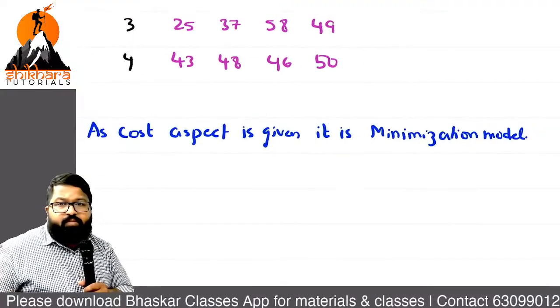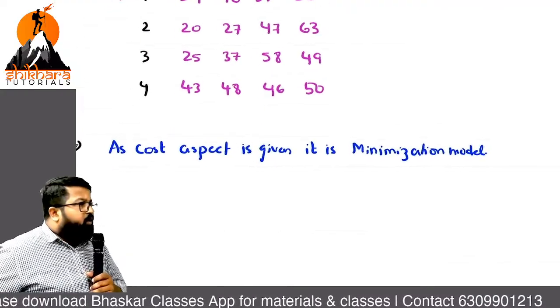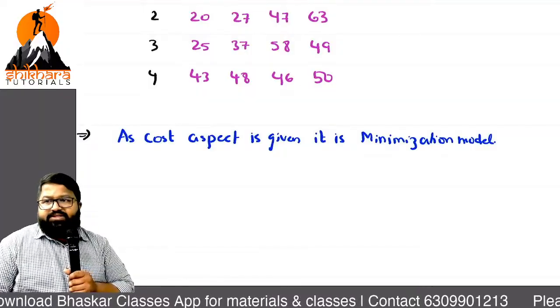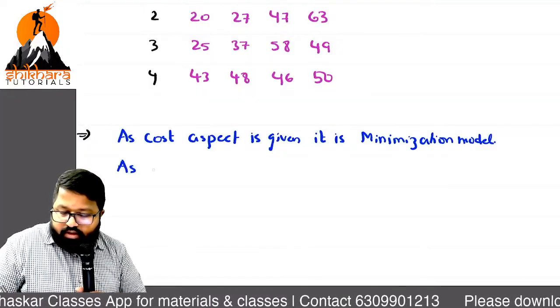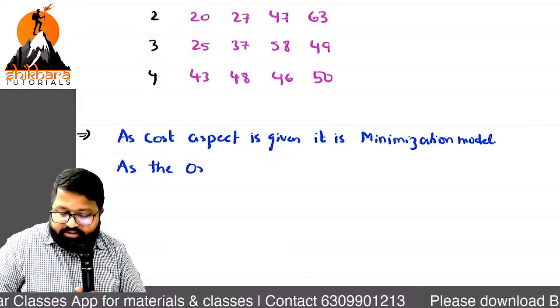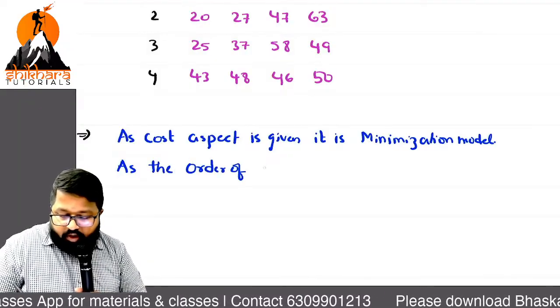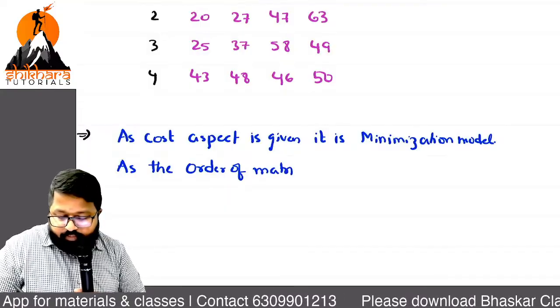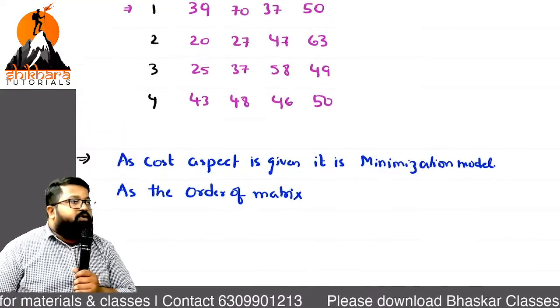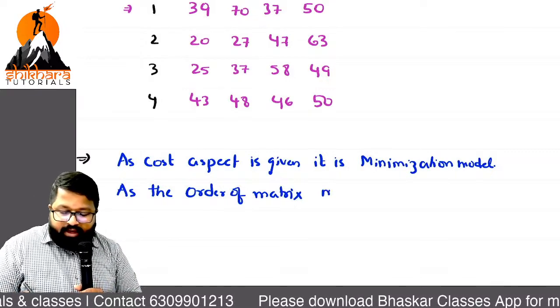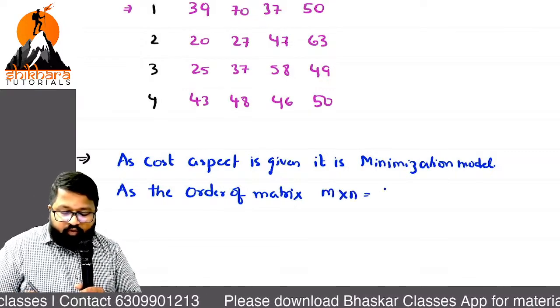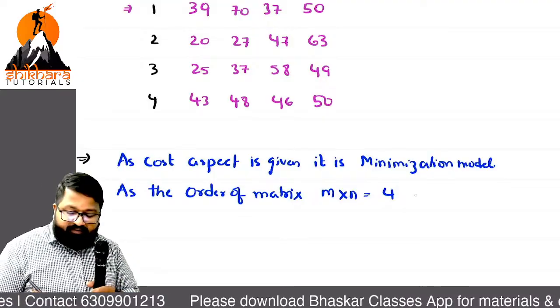So what is the next point there, ma? Once this part is done, whether it is balanced or unbalanced, as per the order of the matrix. What is the order of the matrix, ma, in this case? How many columns and how many rows is clear now? 4 by 4. So m by n, the number of rows and number of columns is 4 by 4.